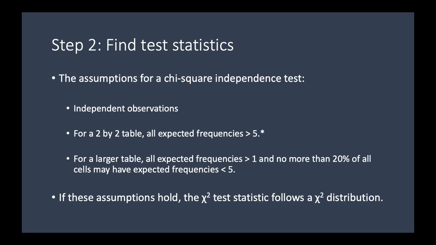If these assumptions hold, then the chi-square test follows a chi-square distribution. In our case, I think independent observations are not exactly met, because the responses to the questions are not independent of each other. If you selected yes, you could not select no. So keep that in mind.